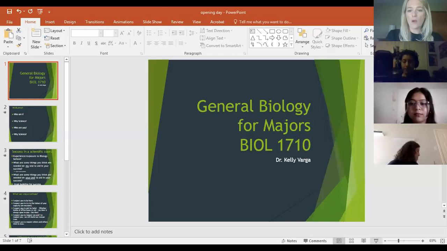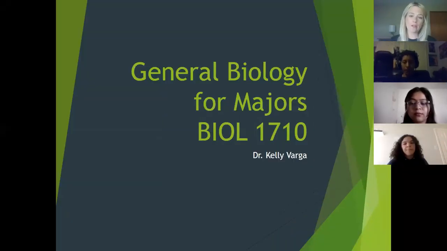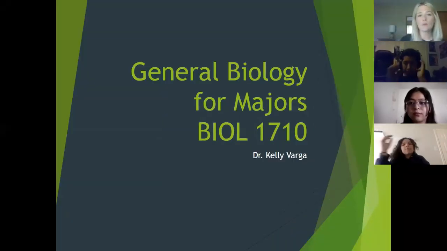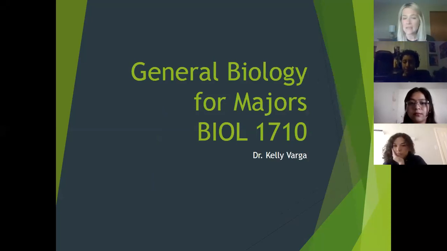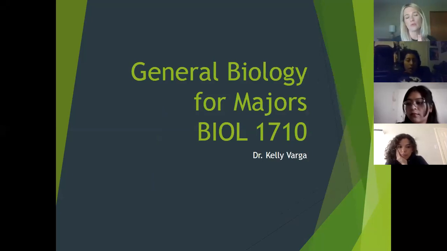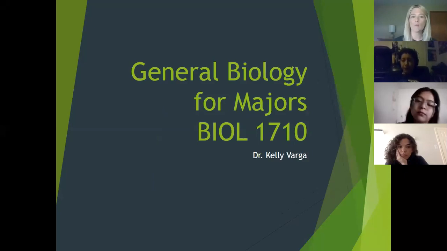So again, I want to welcome you all to General Biology for Majors. This is the first sequence. Students can take this sequence out of order. It doesn't matter, because the first half of biology, which you are in the fall, is going to deal mainly with the cellular components. We'll be going down to the micro level. We'll be learning about DNA, how DNA becomes RNA and then protein, our central dogma.